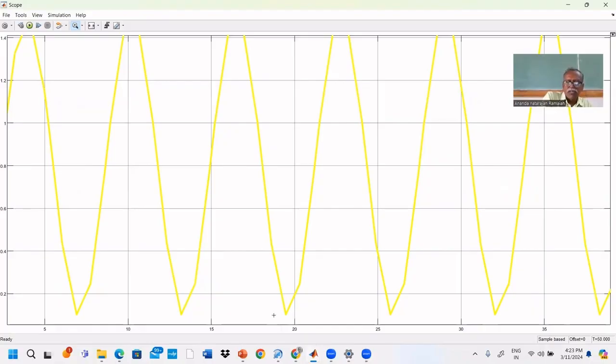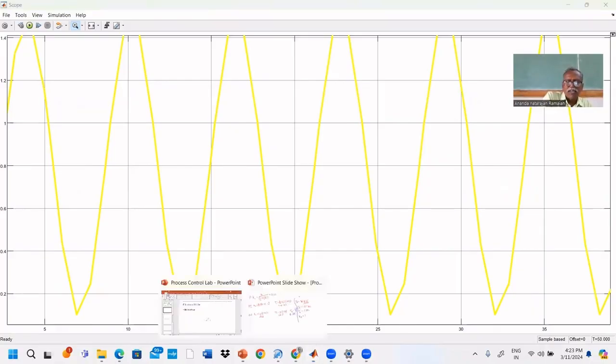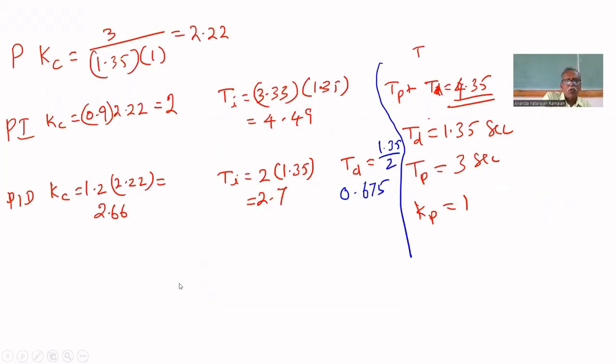That's why now we know these two values, so we can find the tuning parameters. What are the tuning parameters for these two values? We got K max equal to 4 and Tu equal to 6 seconds. From this, we can find the tuning parameters. For Kc, it is 0.5 times K max.